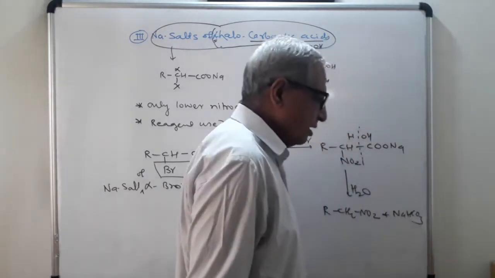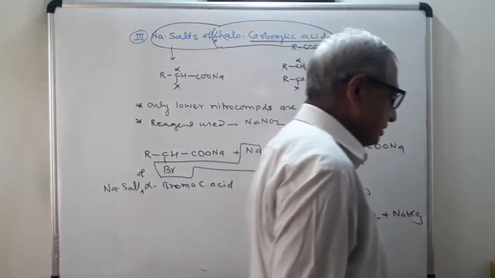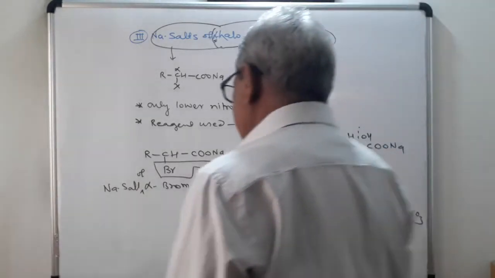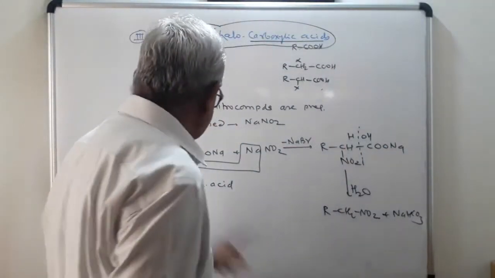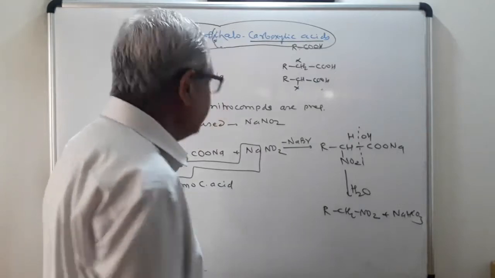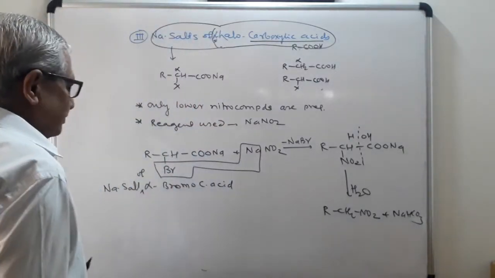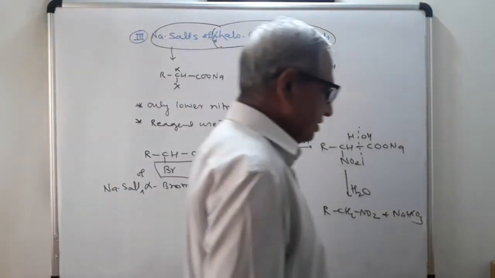So in this way you will get the product. If R is equal to H, you will get nitromethane; R is equal to CH3, nitroethane. In this way you can prepare it. So this is the third method.